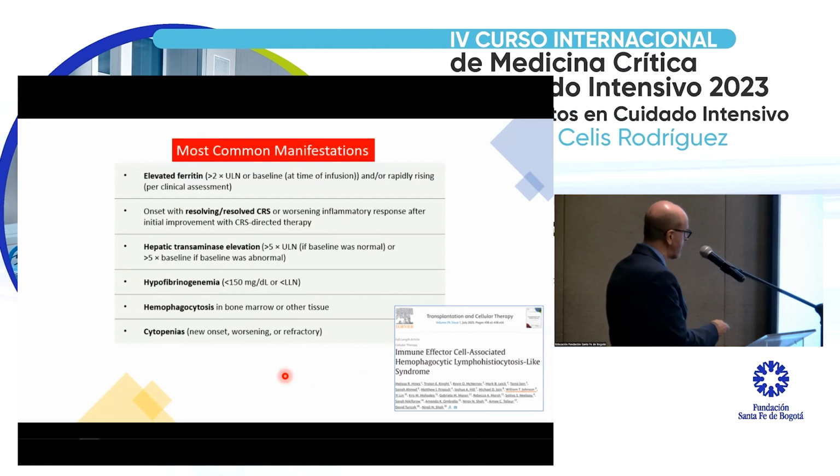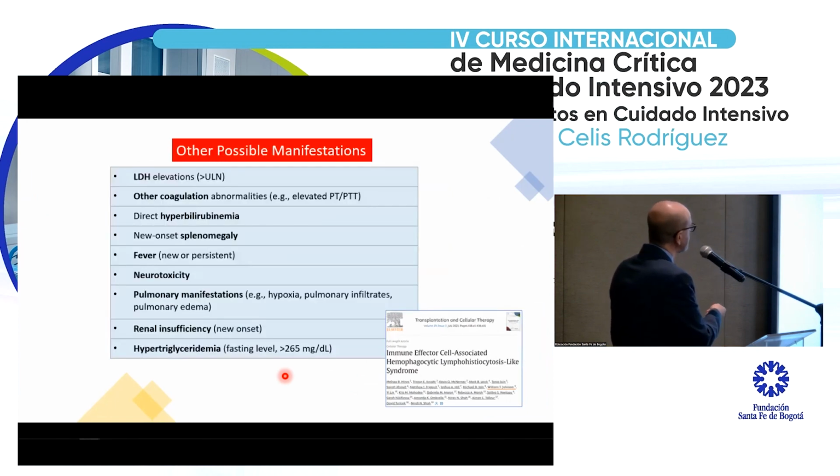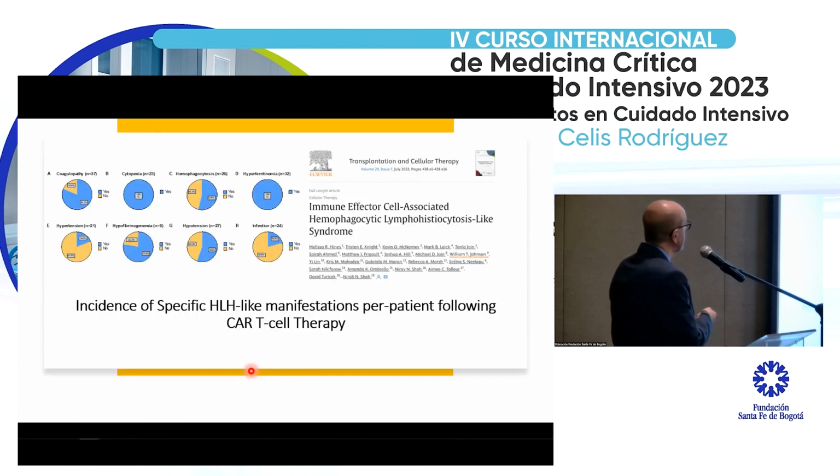Almost every single one of these patients have cytopenias, but they can have LDH elevations, other coagulation abnormalities, elevated bilirubin, splenomegaly. They can also have fever, neurotoxicity, pulmonary manifestations. The patient may be hypotensive, they may be with altered mental status, may develop renal insufficiency and have high elevated triglycerides.